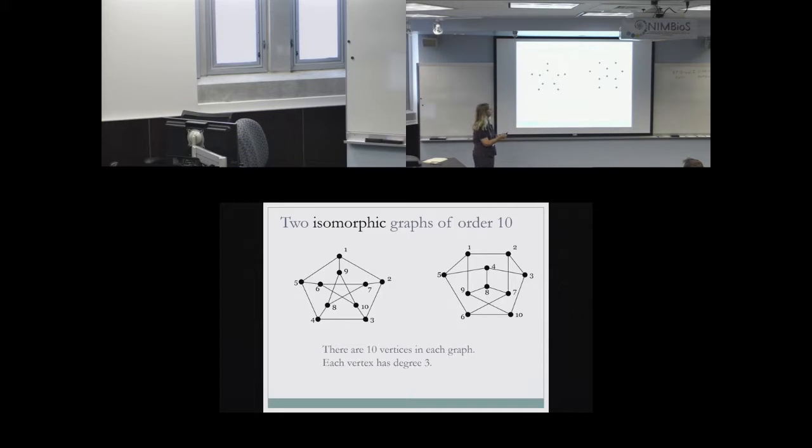So the claim is if you check every single vertex, you have not changed the adjacencies. If you have a mapping from one vertex set to another that preserves adjacencies, then that's an isomorphism. And these are just two isomorphic copies of the same graph.